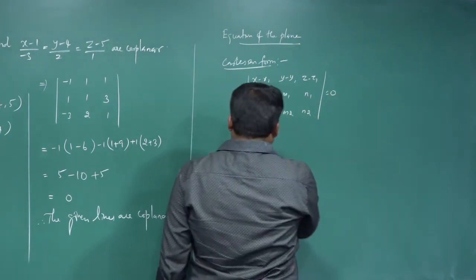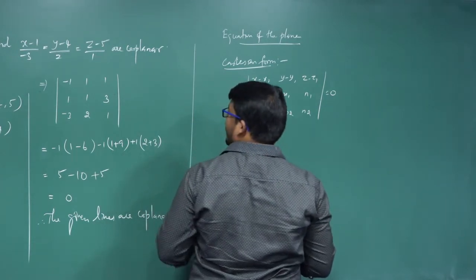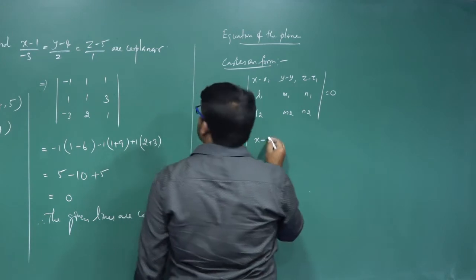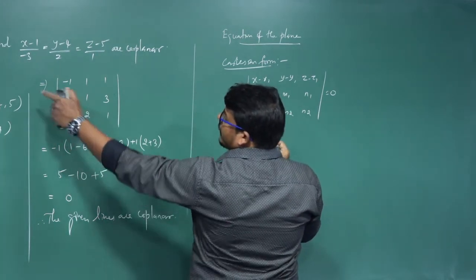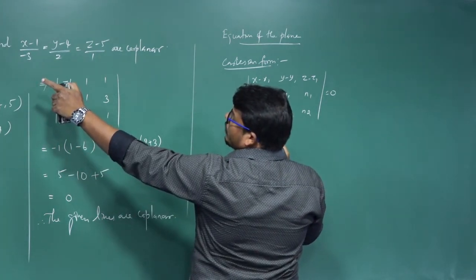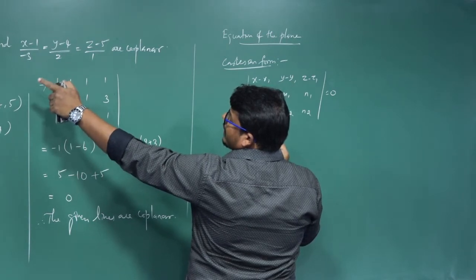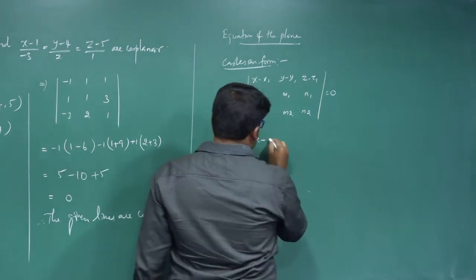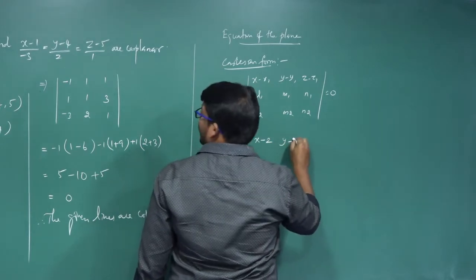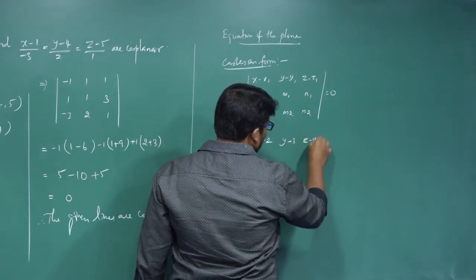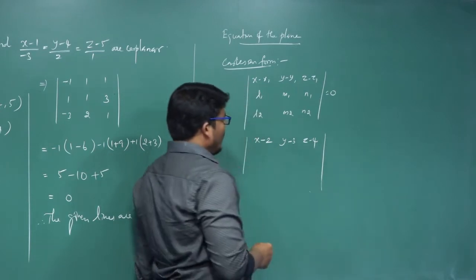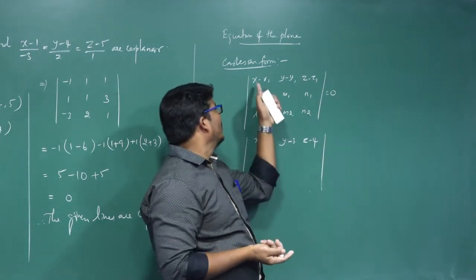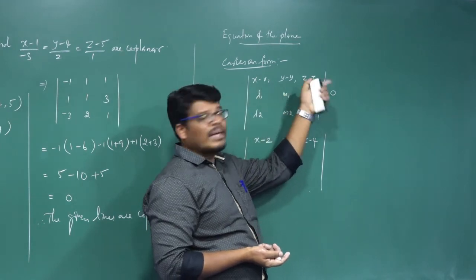Now substituting, the point is 2, 3, 4, so x minus 2, y minus 3, z minus 4. You can take any one of the points, either the first point or the second point, x minus x2, y minus y2, z minus z2.